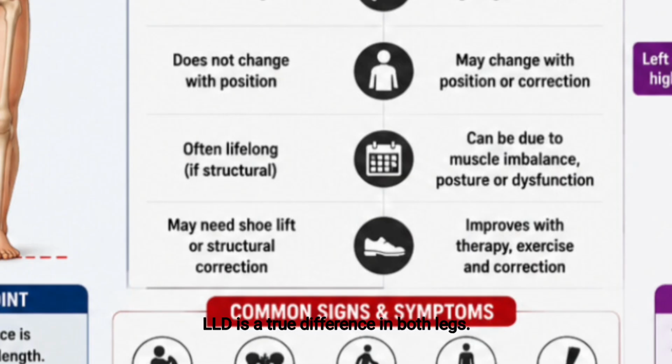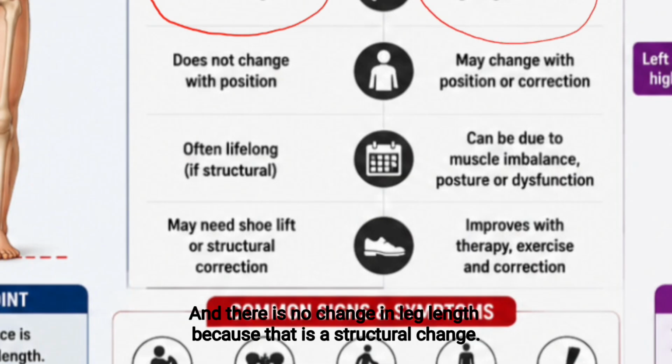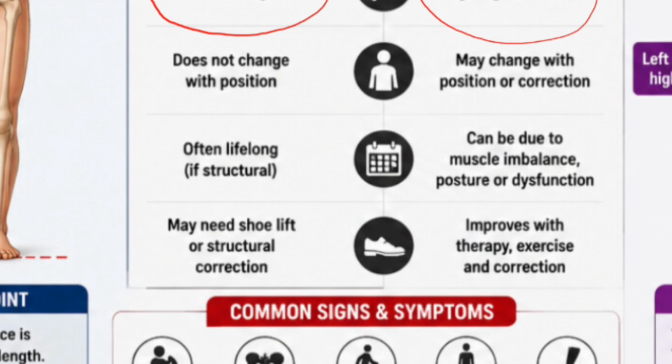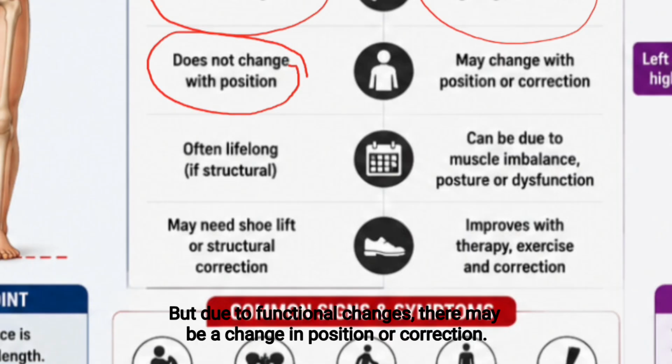In LLD, there is a true difference in both legs, but in pelvic obliquity, the pelvis is tilted and leg length is normal. That is a functional problem, and there is no change in leg length because that is a structural change. Due to a structural change, there is no change with position, but due to a functional change, there may be change with position or correction.